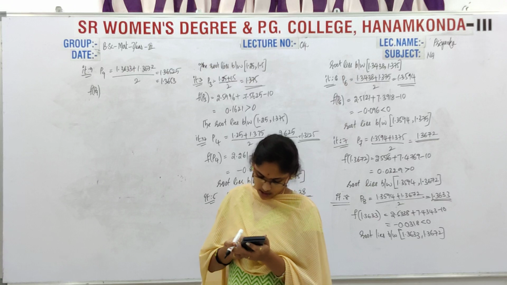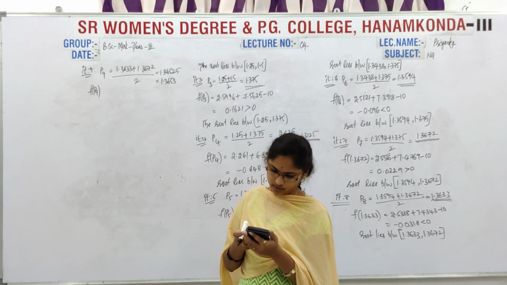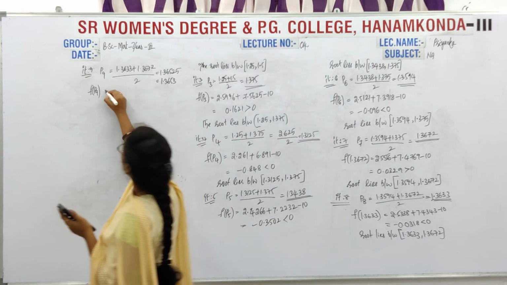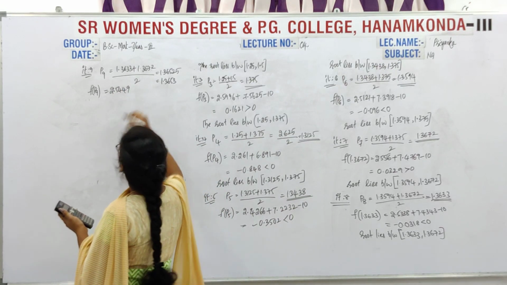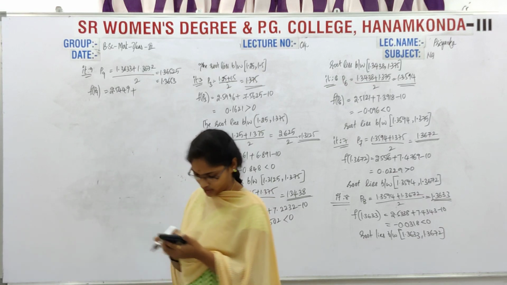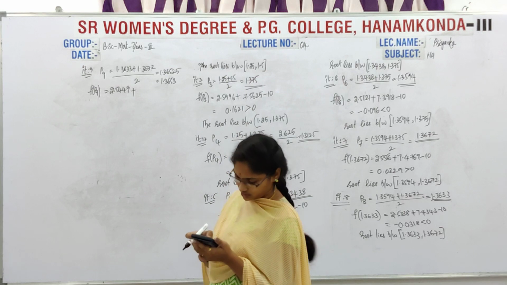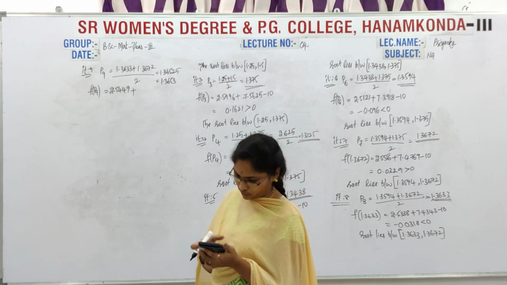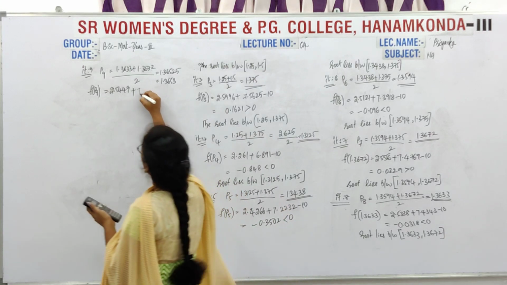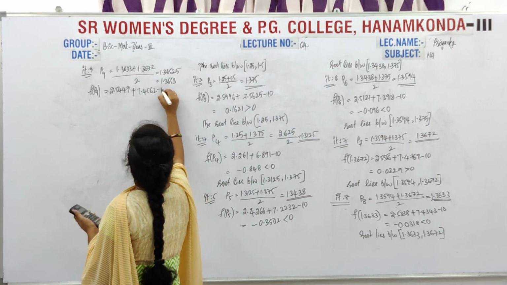Okay, 3653 and here whole power 3 is 2.5449. Then plus 3653 whole square into 4 is 7.456, minus 10.